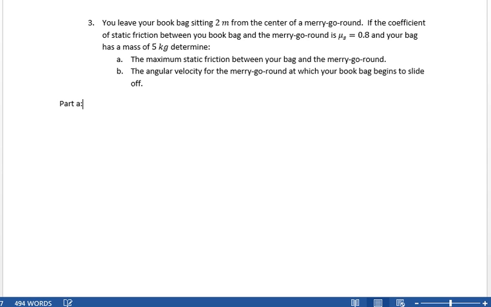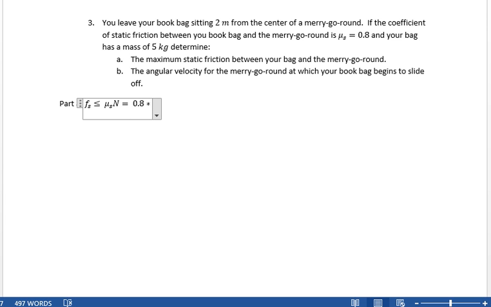Well, part A. Alright, so static friction is less than or equal to mu s times the normal force, which in this case is 0.8, that is mu sub s, times the normal force, which is just, in this instance, the weight of your bag, or mg.